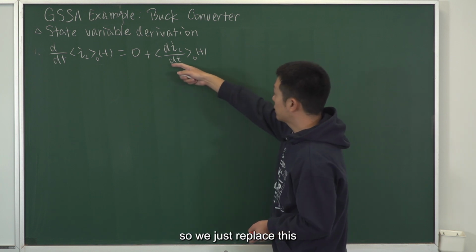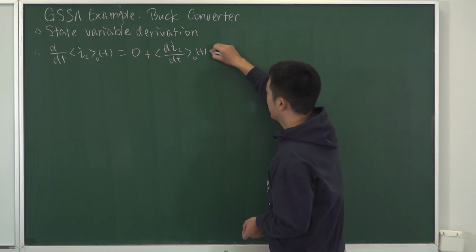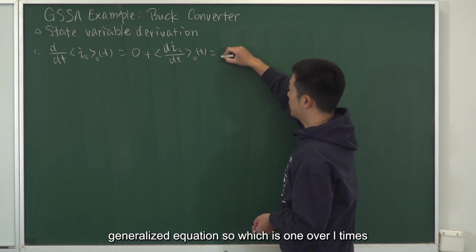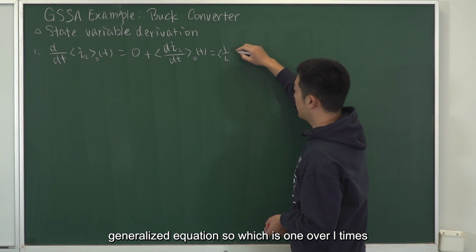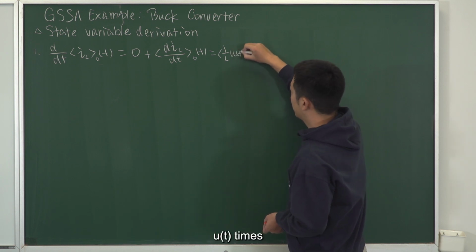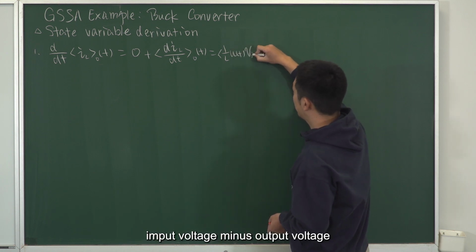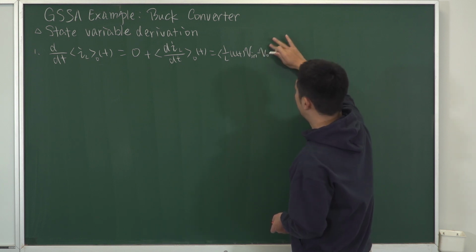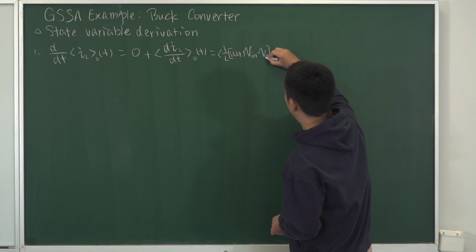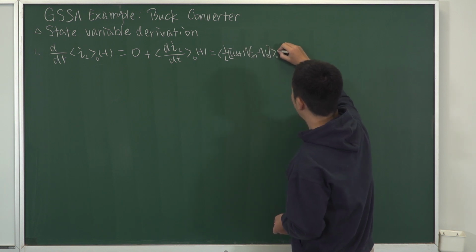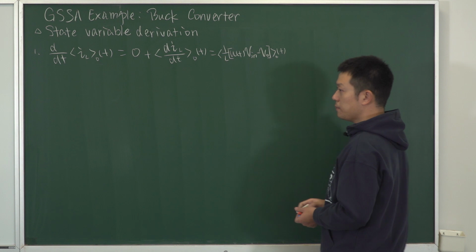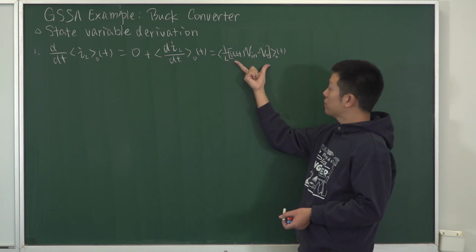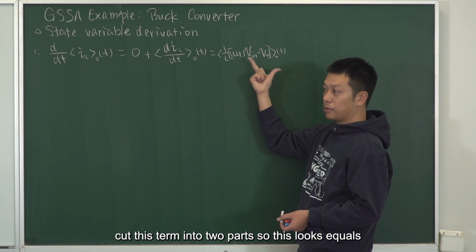So we just replace this by a generalized equation, which is 1 over L times u(t) times input voltage minus output voltage. And then we can expand this term into two parts.